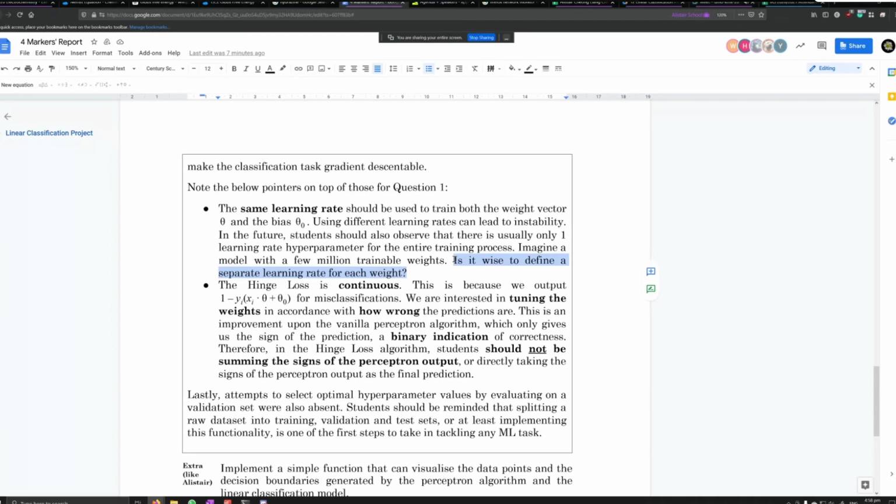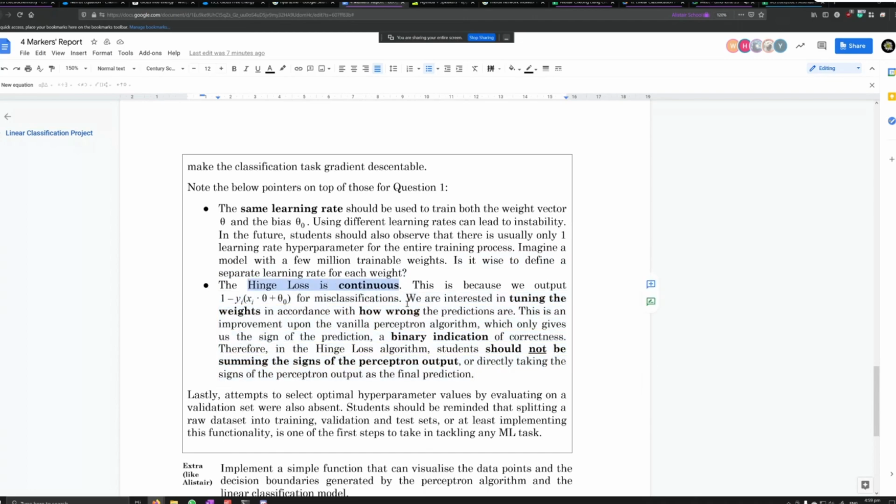That's why in machine learning libraries, you will usually see that there's only one learning rate variable to control the entire training. This learning rate is used in each step of the backprop to update each respective weight and bias.